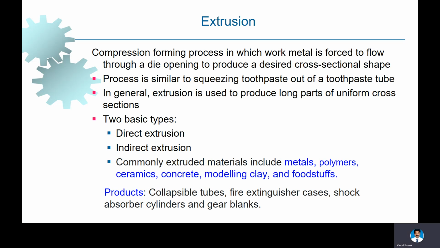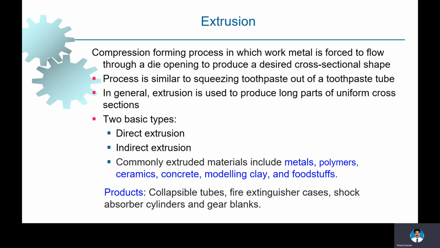A simple example of this from your day-to-day life is squeezing toothpaste out of a toothpaste tube. When you squeeze or compress it, the toothpaste will come out through the opening of the tube, and its shape will be the shape of the opening of the cap. So this means if you squeeze or compress a metal inside a chamber, it will undergo plastic deformation.